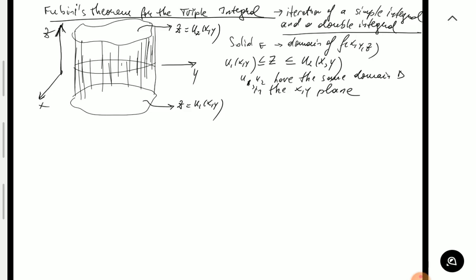So here in the middle, let's actually use a different color. I want to imagine that this piece here will be D, again, the common domain of u1 of xy and u2 of xy.